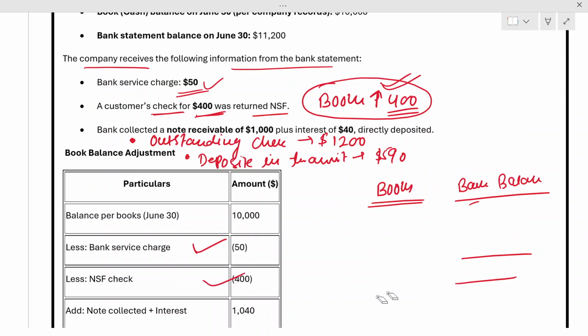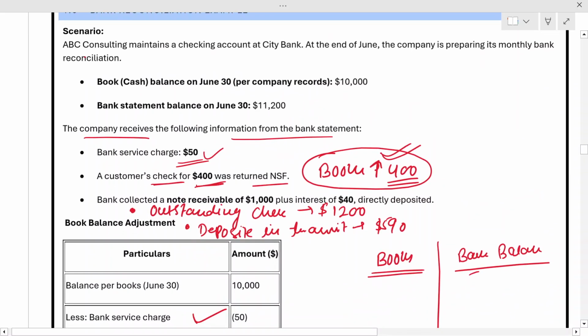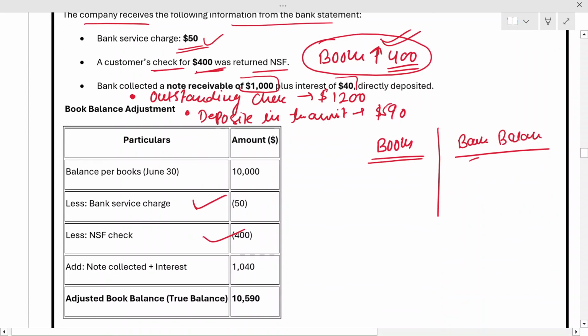Let's see the third example, wherein it's written as bank collected note receivable of 1000 plus $40. So within the bank this is showing $1040 as a positive number, and you can do the changes here only. What do you need to write here to match both of them?